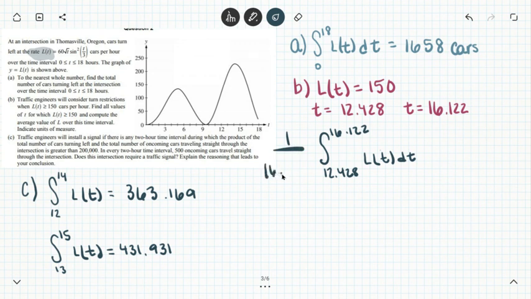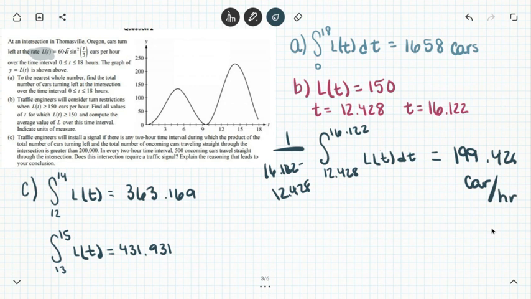So it's 16.122 minus 12.428. And then that is the average value. So it's the integral divided by the difference between the bottom and the top. And that should give you 199.426 cars, and we're going per hour.